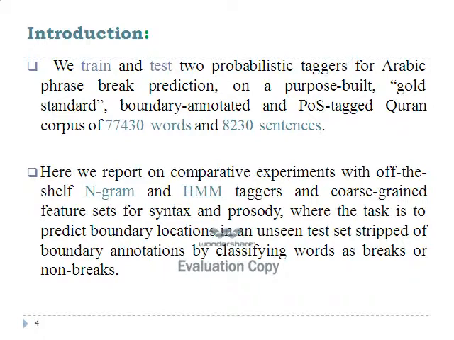Here we report a comparative experiment between the n-gram and HMM taggers with a coarse-grained feature set for syntax and prosody, where the task is to predict boundary location in an unseen text stripped of boundary annotation, by classifying words as breaks or non-breaks.